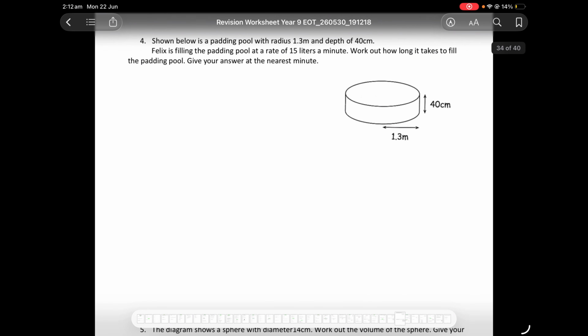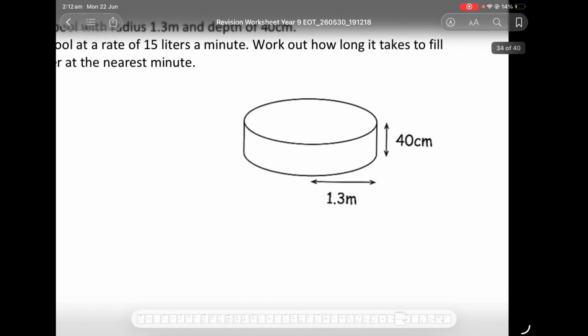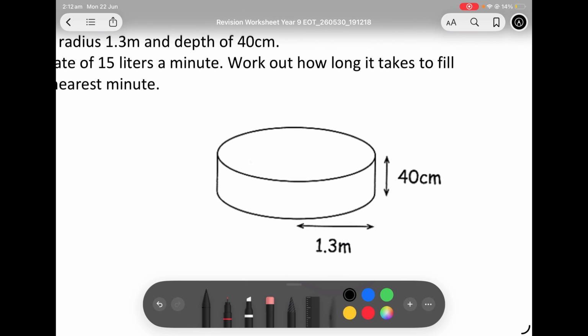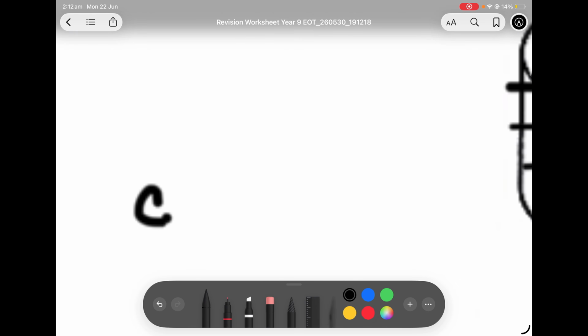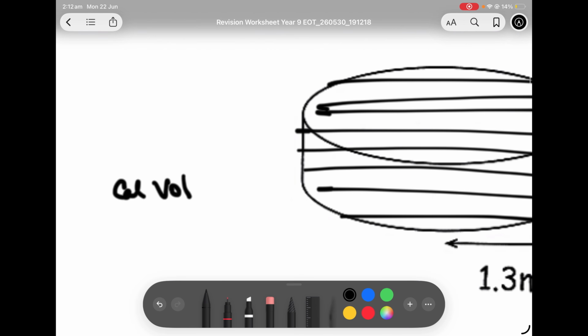This is a type of question that has never been taught to you. Okay, first of all, whenever you're pouring water, you pour the water with respect to the volume. So you have to calculate the volume, and of what shape? It is a cylinder, right?